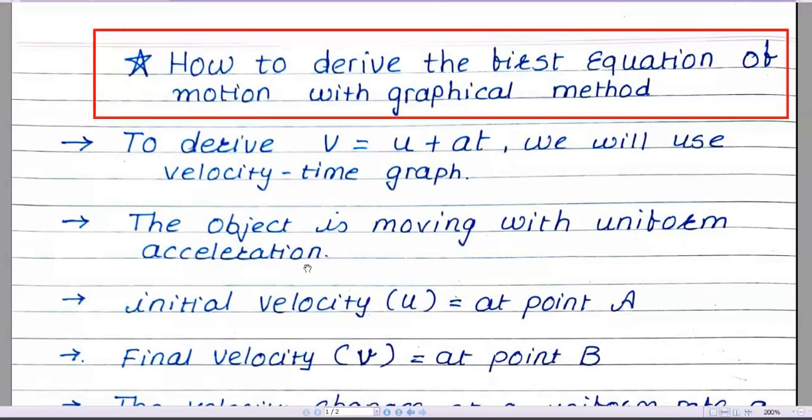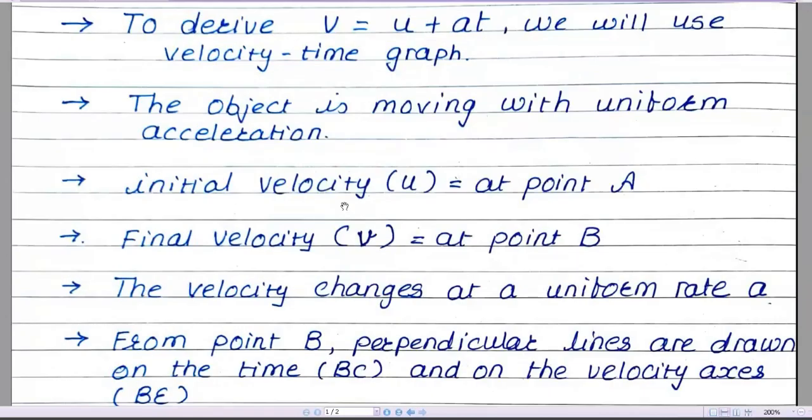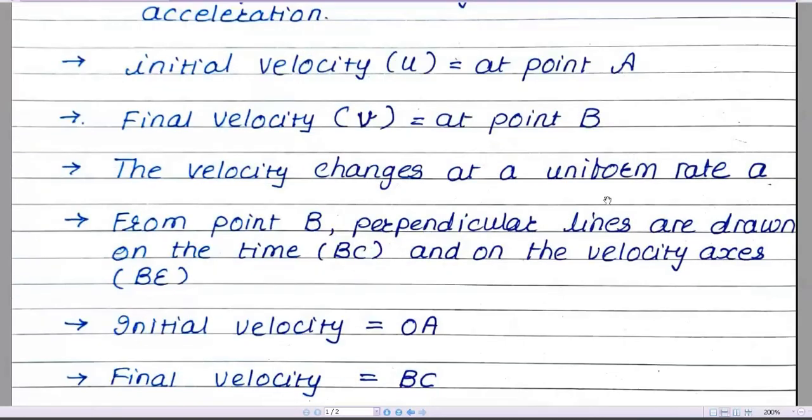So, what we can see is initial velocity is u, that is at point A, because from point A, the object starts moving with a velocity. Then, final velocity, that is v, that is at point B. The velocity changes at a uniform rate a.